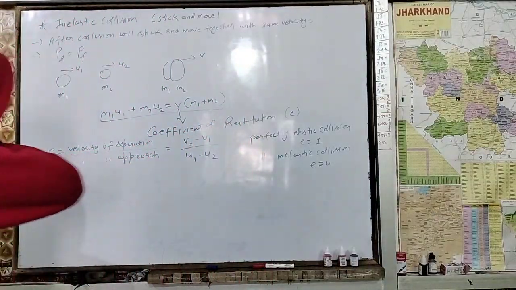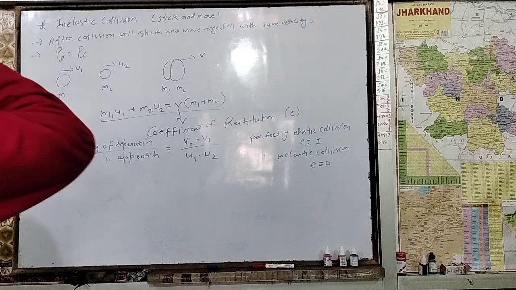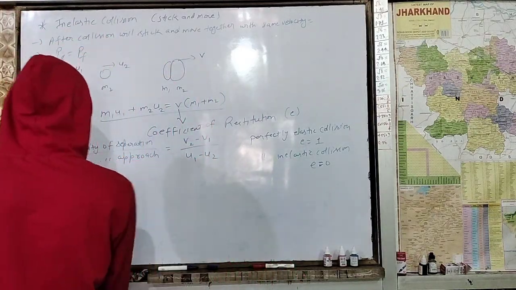Next we have motion in a vertical circle. We will take one-dimensional circular motion.